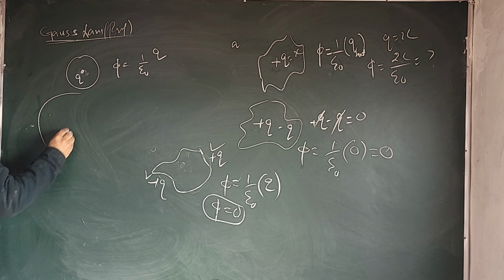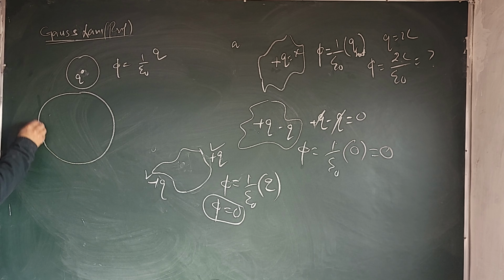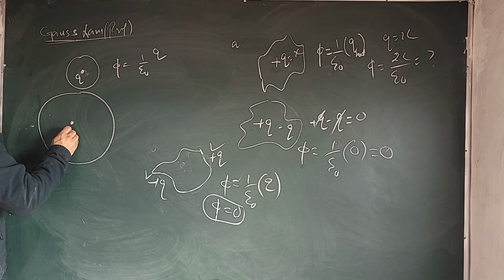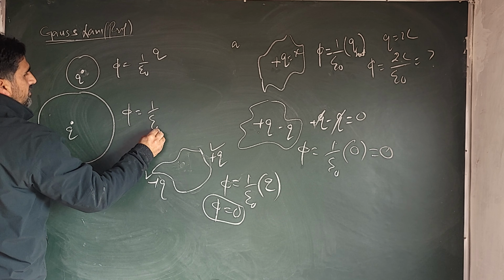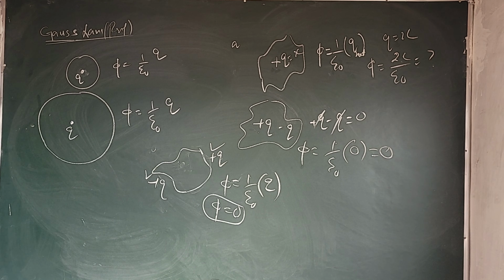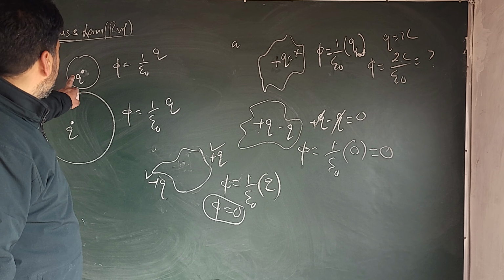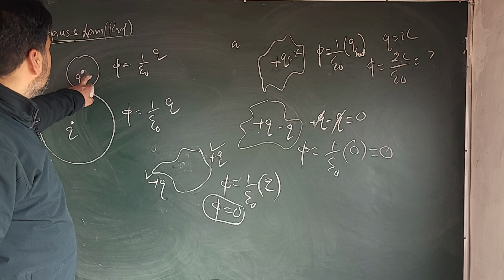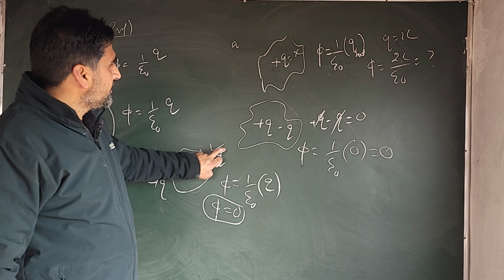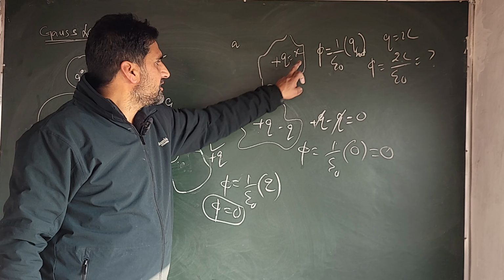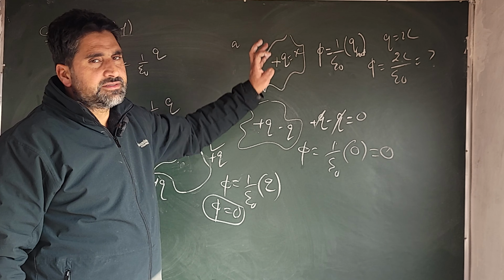Suppose we enhance the surface, we increase the Gaussian surface around Q, then even then phi is equal to 1 over epsilon naught times Q. This means the flux is independent of the size, and it also indicates that the flux is independent of the shape.